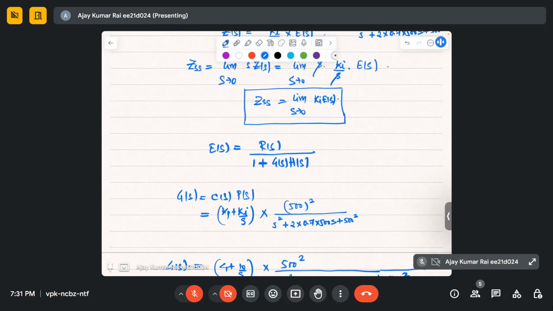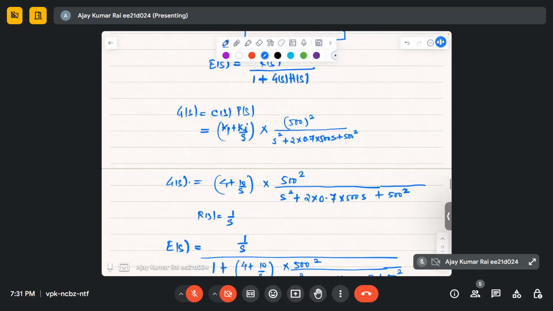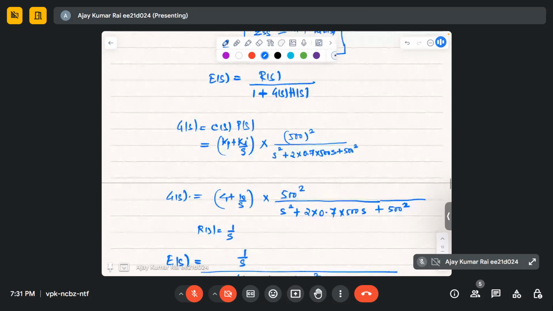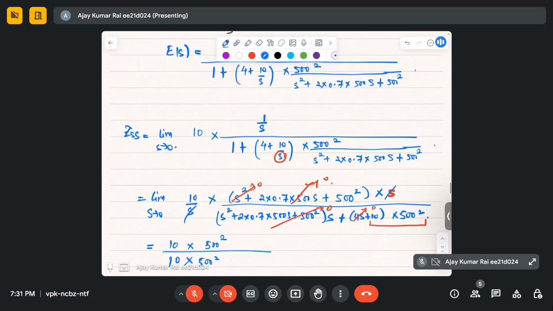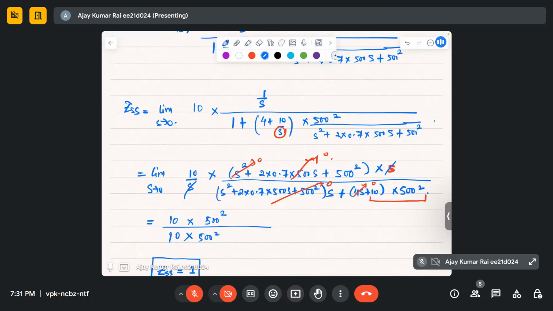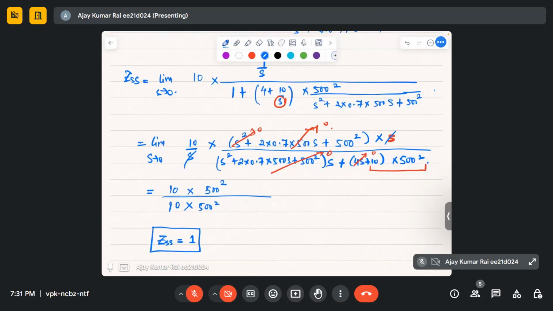It's very generic. You should remember E of S is R of S by 1 plus GS into HS. RS is given, GS is CS into PS. So just plug in into ZSS and you'll get ZSS equal to 1.